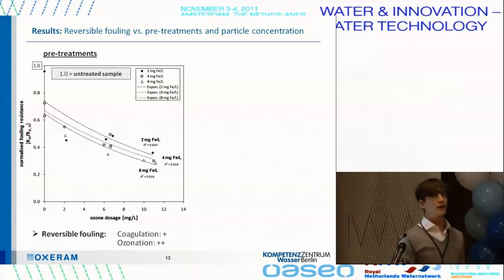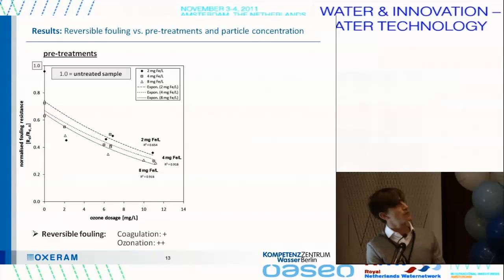Here you can see the normalized fouling resistance, whereas 1 is the untreated sample, plotted over the ozone dose at different ferric doses, and you see that we can reach a significant enhancement of the filtrability of the sample due to a combination of ozone, or with increasing ozone dosage, and also with increasing ferric doses.